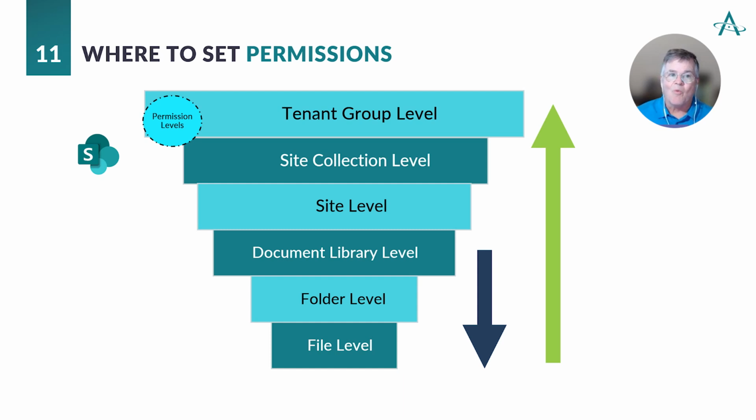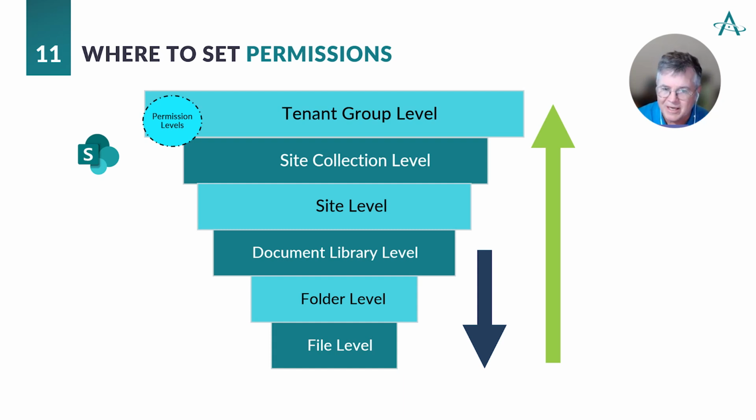Let's talk a little bit about where to set permissions. The permissions for a document library, and we're focusing on document libraries and files and folders today, can be set at many different levels. You can set it at the group level of the tenant. You can make a group in a tenant and give that access at the site collection level.